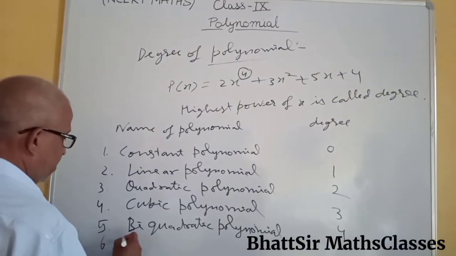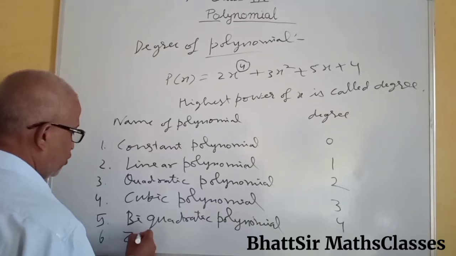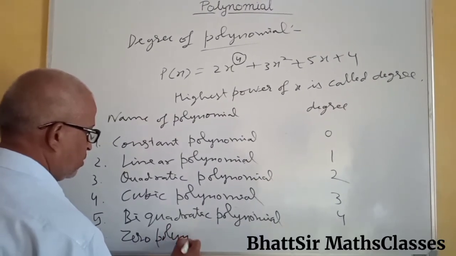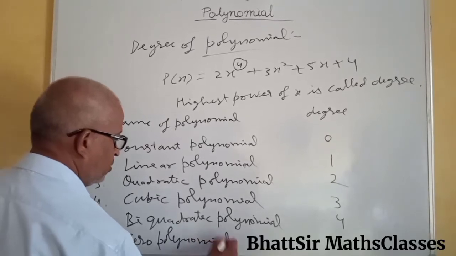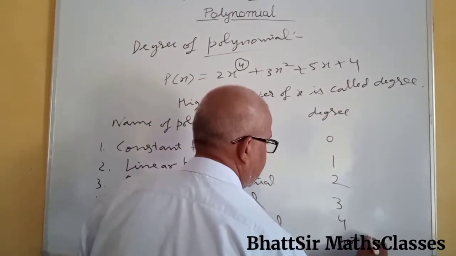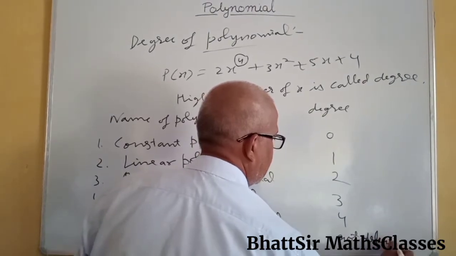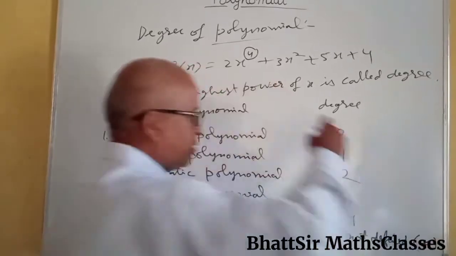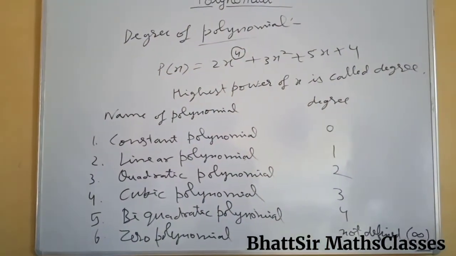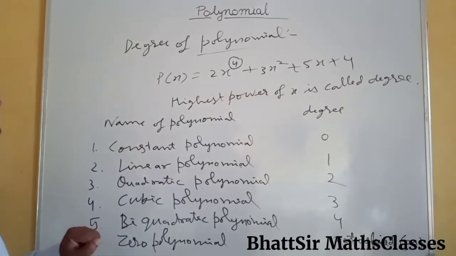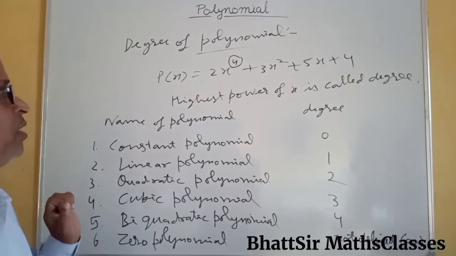Number 6, zero polynomial, degree not defined. So in this way we can find the degree of the given polynomial.